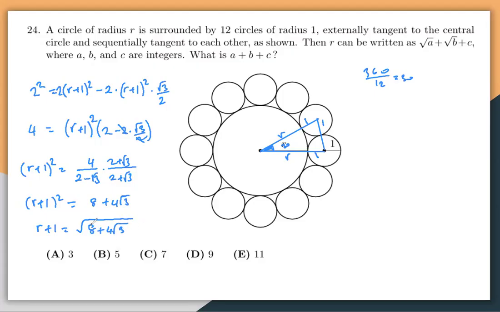This is a bit challenging for maybe some of us if you really cannot see what's going on at this point. Since the question says the answer R has to be in this form, it looks like an integer. If I subtract 1 from both sides, that will be minus 1, which looks like maybe a C. And then root A plus root B should be whatever we got from the square root of this mess.